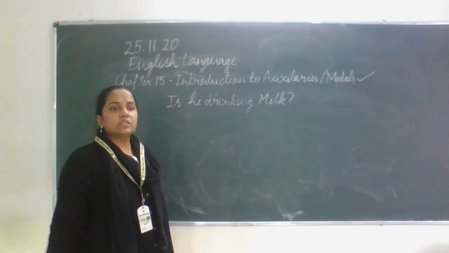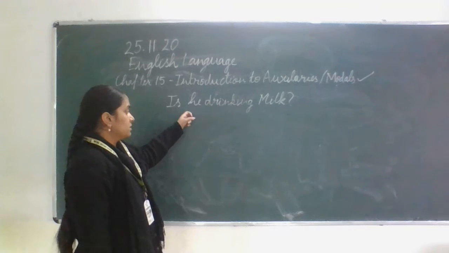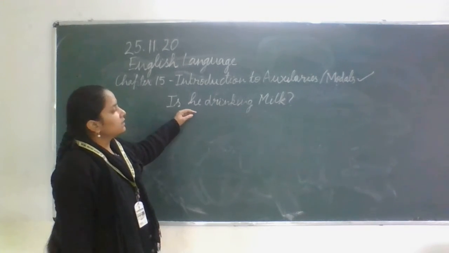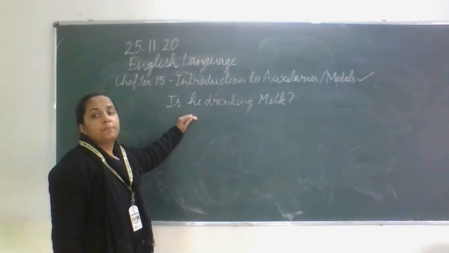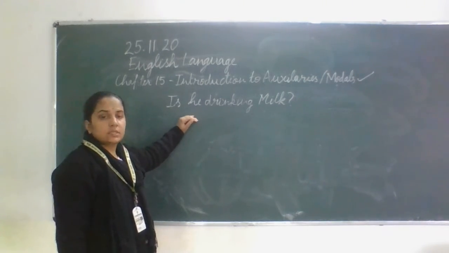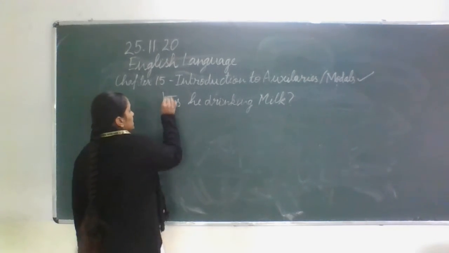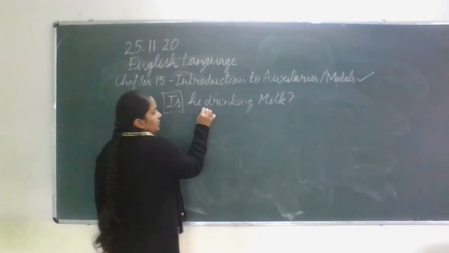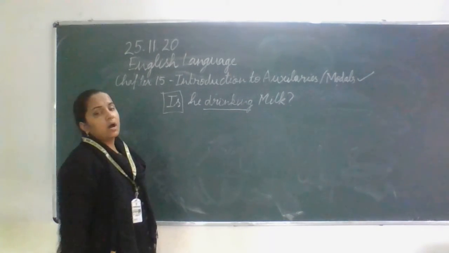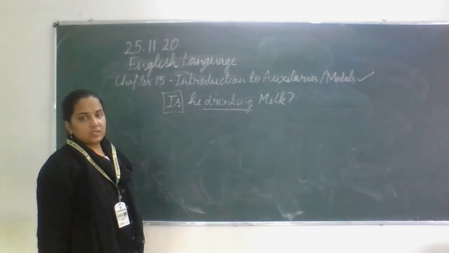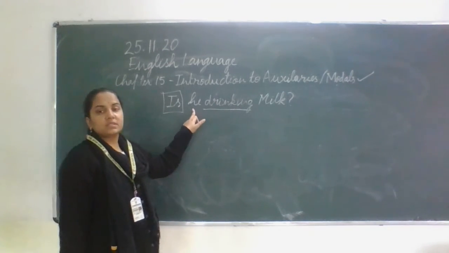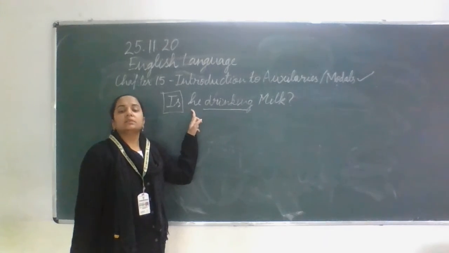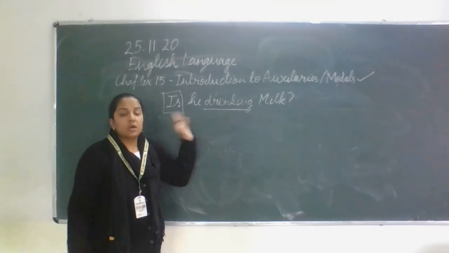This is the interrogative sentence which is starting with the helping verb in the present continuous tense. So here, is is the auxiliary verb. Drinking is the main verb of the sentence. And here the auxiliary verb is used before the subject. He is the subject of the sentence.